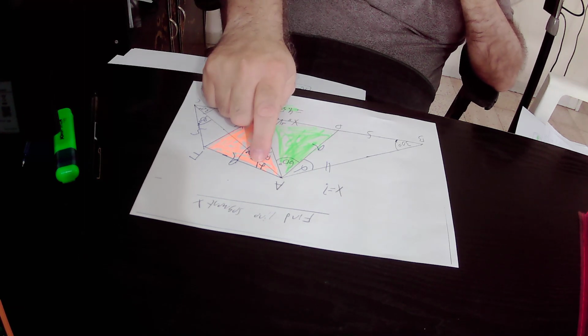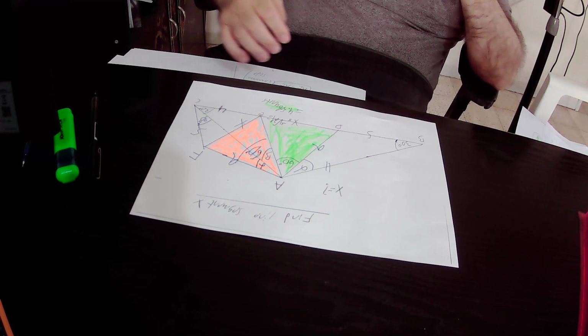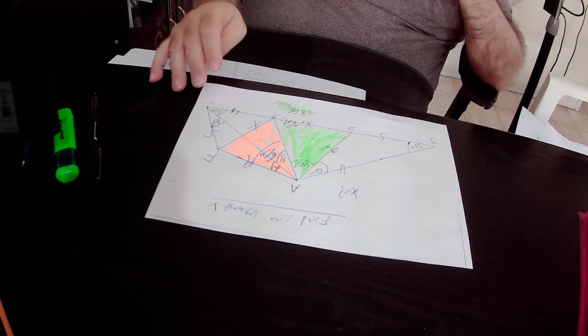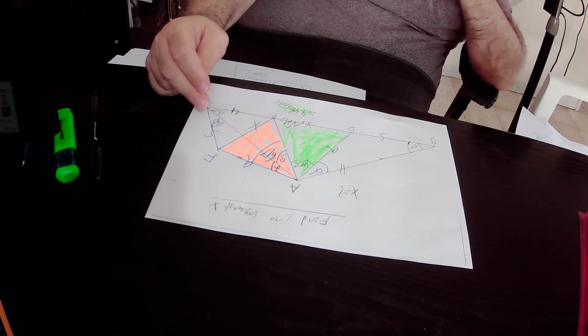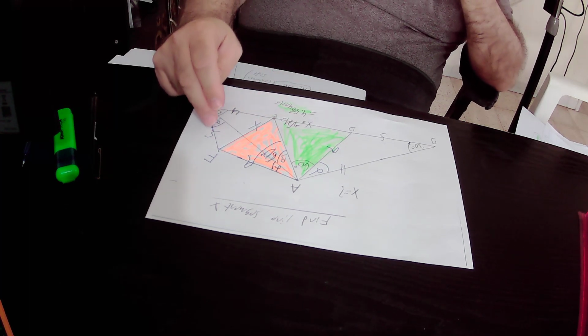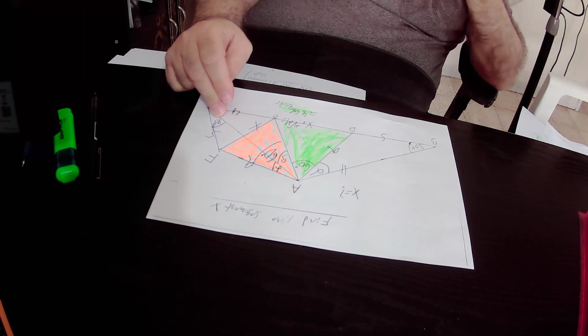So this angle equals alpha according to our construction. We did also the second construction. From point C, we draw a straight line in such a way that the angle between side AC and the straight line will be equal to 30 degrees. I repeat again that this angle equals 30 degrees according to our construction also.